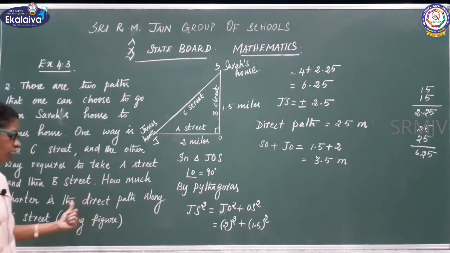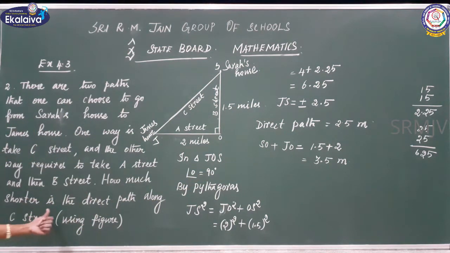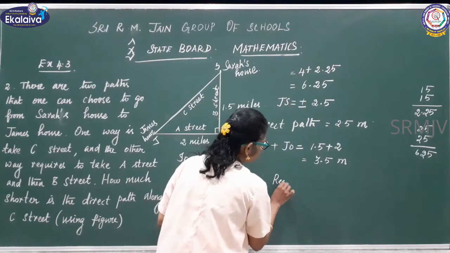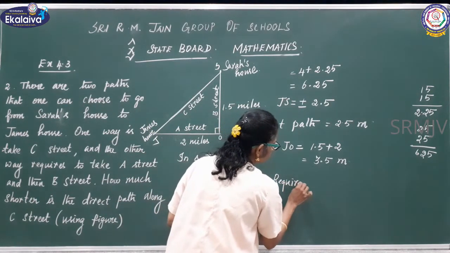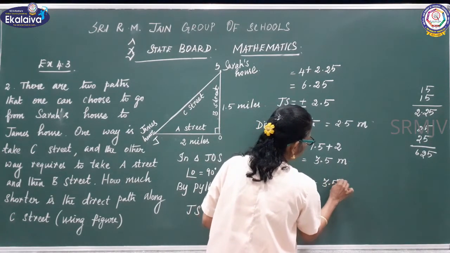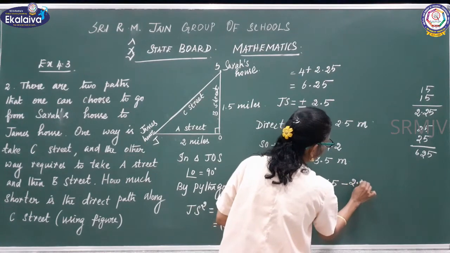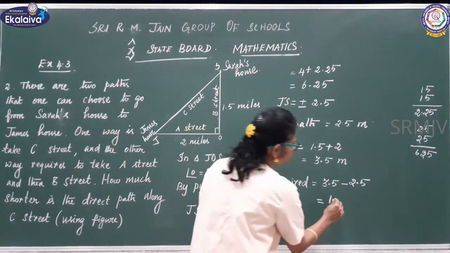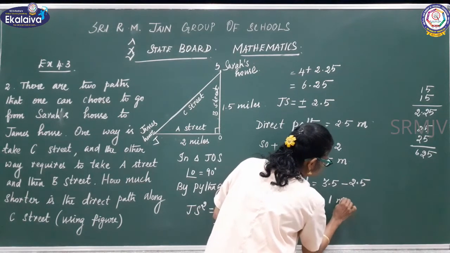But in the question, what they ask is how much shorter is the direct path, right? The required answer is 3.5 minus 2.5, which is equal to 1 mile.